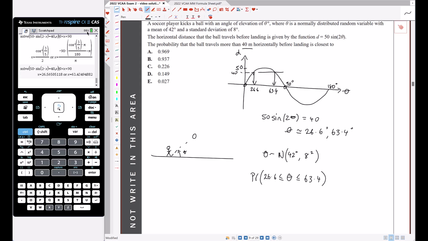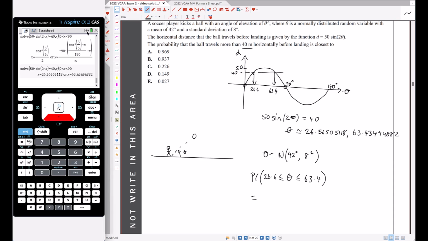Alright, so let me maybe write these numbers down a bit more accurately than that, because I can't copy and paste two numbers at once into my normal distribution. So let's make that 26.56505118 and 63.43494882. Given it's multiple choice, I probably could have used the rounded ones and just gone with whatever was closest.